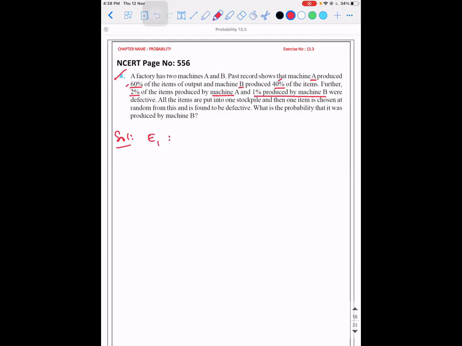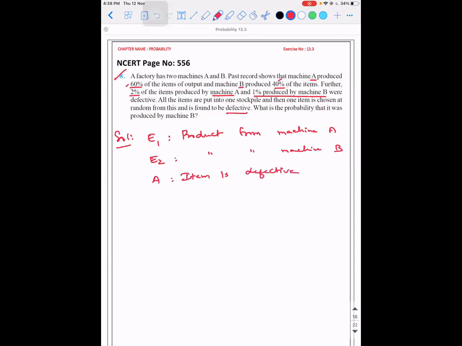Event 1 is product from machine A. E2 is product from machine B. What is the event A? The item is defective.